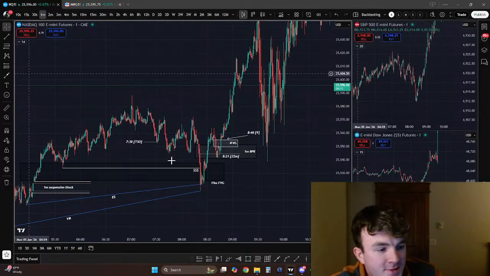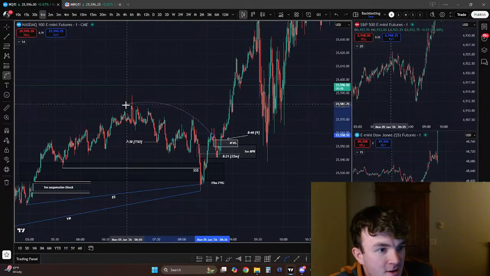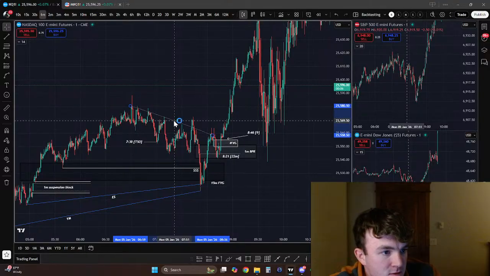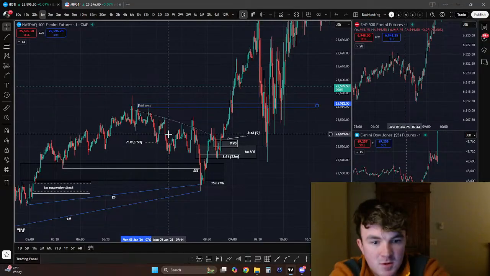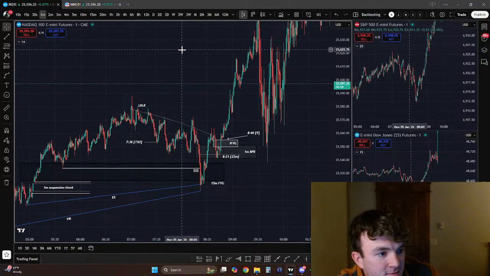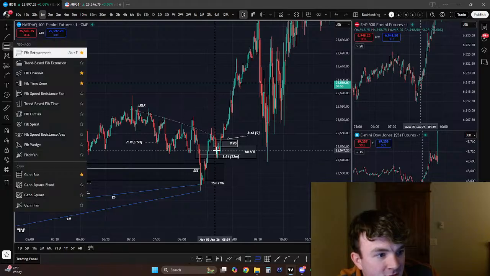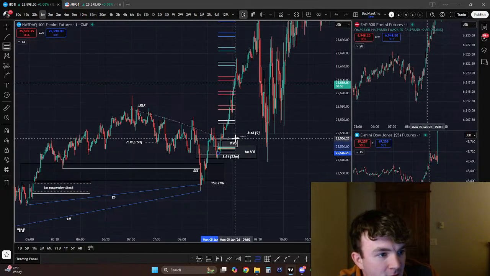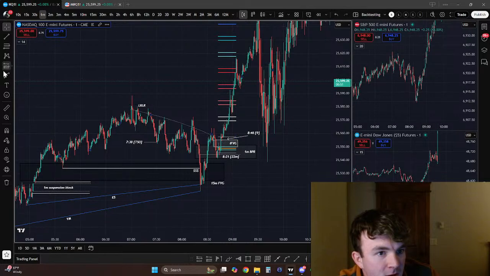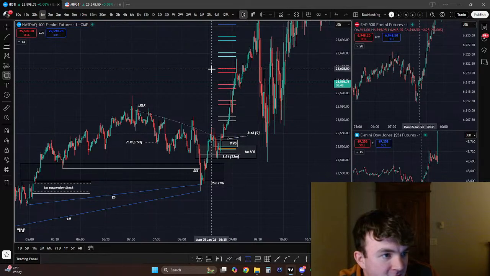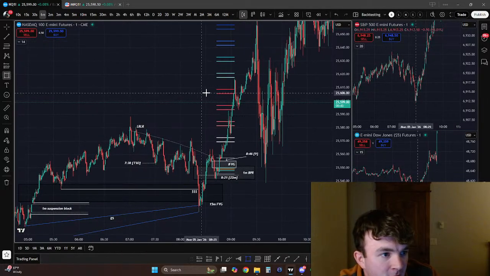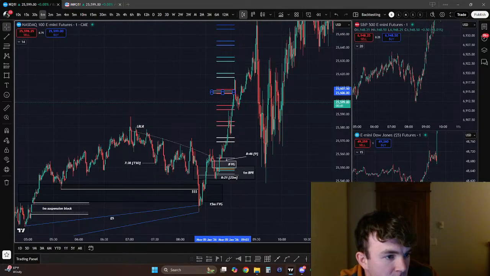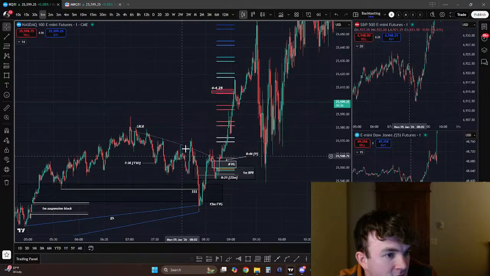And then all of this becomes low resistance. And then I project out the inversion for value gap like this. 1, 2, 3, 4. I'd take this up 4 projections. You could have done 7 or 8, but I'd just do 4. And that's 4R right there.